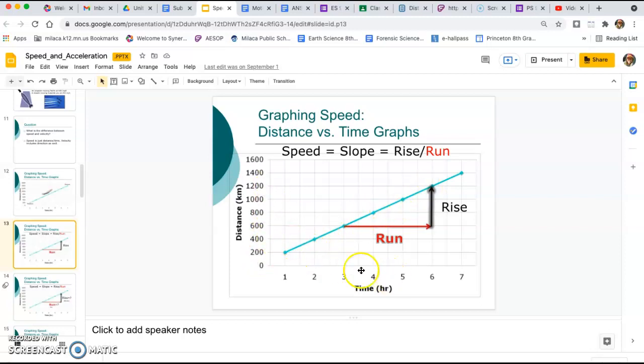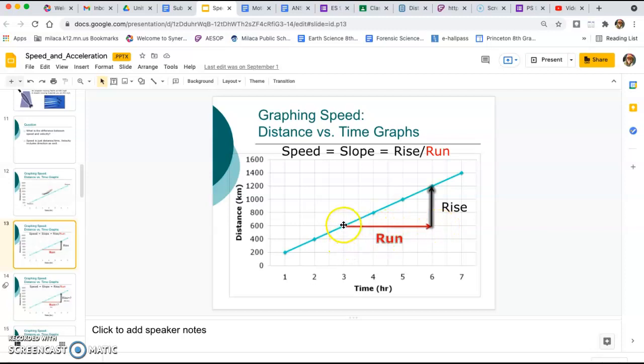So I have a distance over here and I have a time over here. So the rise then, and this is what's nice about slope, is I can select any points on the graph. If it's a constant slope, it's going to be the same speed. And we'll see something different in just a minute. But if I pick 2 points on the graph, the first one is 600 kilometers and the second one is 1200 kilometers, I would take 1200 minus 600, so that's my rise, and 1200 minus 600 is 600, over my run.